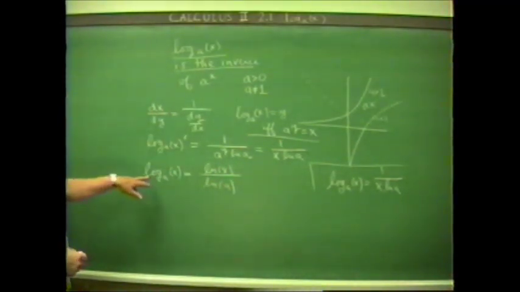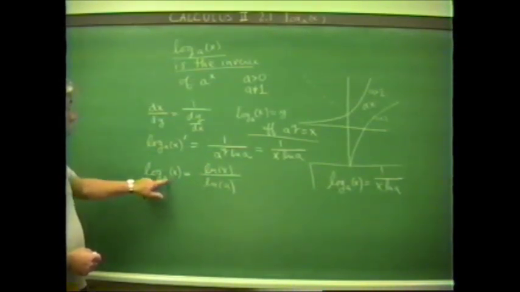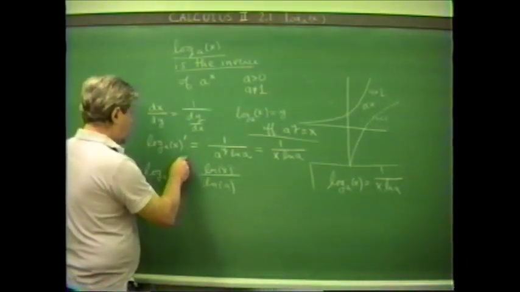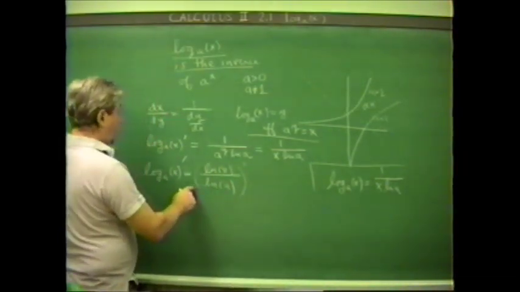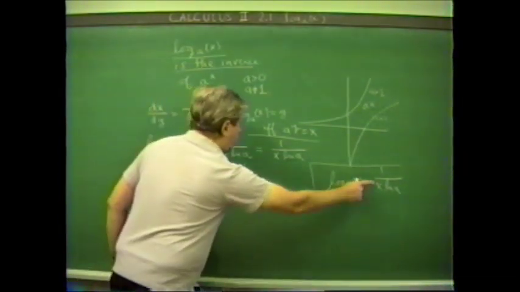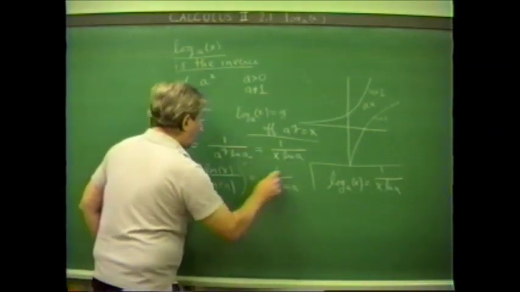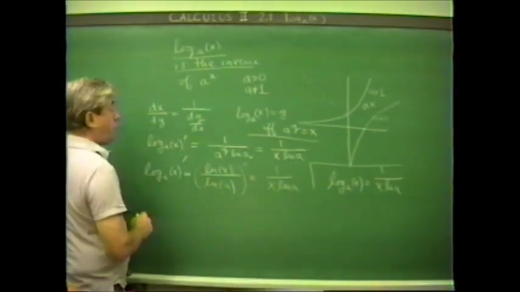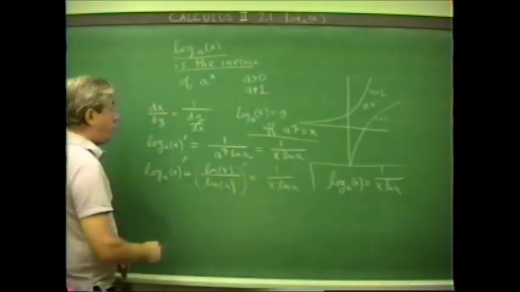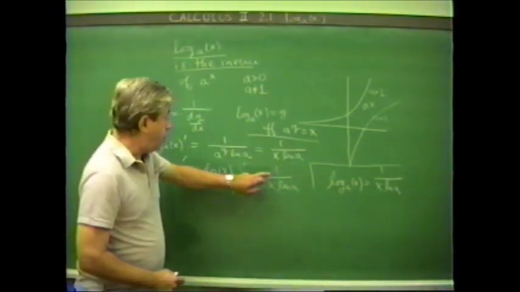Actually doing this now is going to be a proof that this formula is correct for all x, because now the derivative of this is, we know, 1 over x log a. Log a is a constant, so it multiplies the derivative of log x, and the derivative of log x is 1 over x. So this function has this for its derivative.